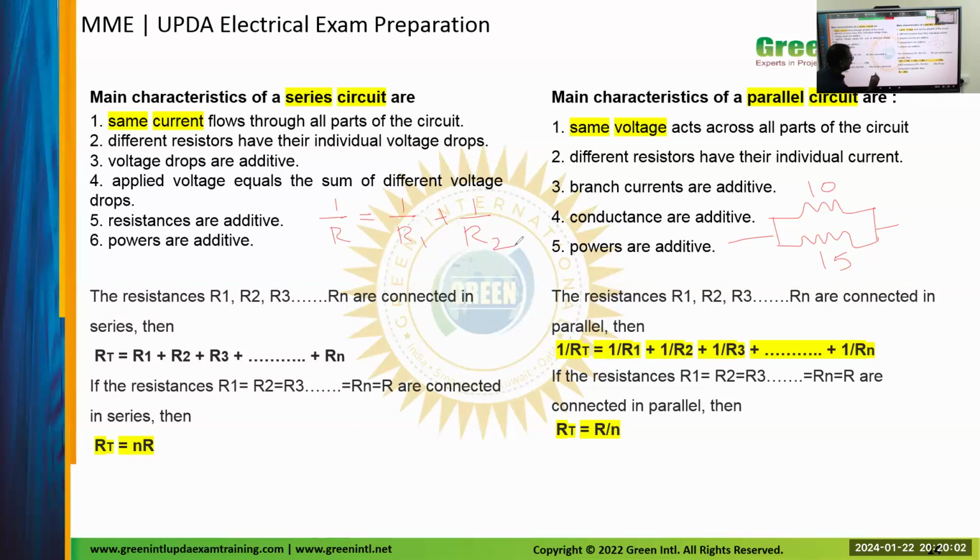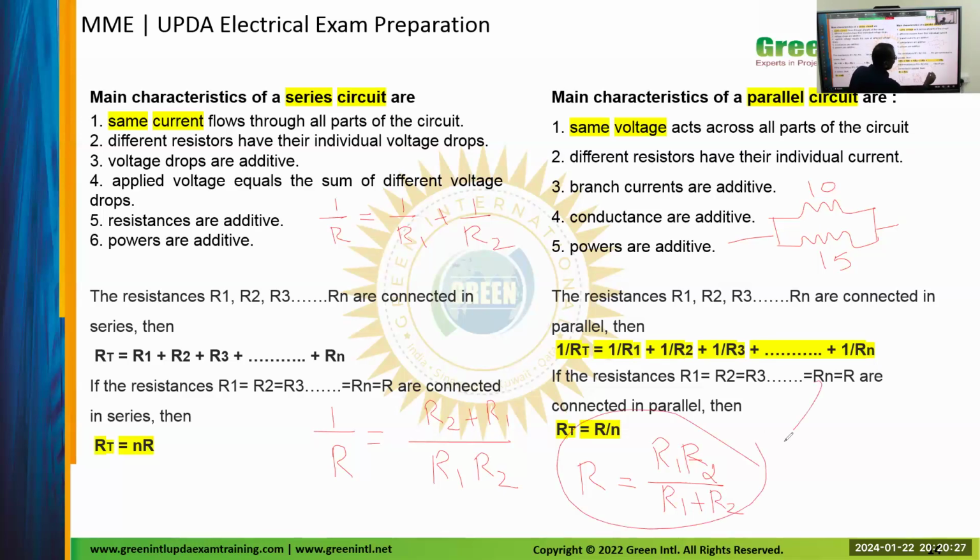Then we need to take the LCM. So 1 by R is equal to, we take an LCM like this. Then we get R is equal to R1 R2 divided by R1 plus R2.